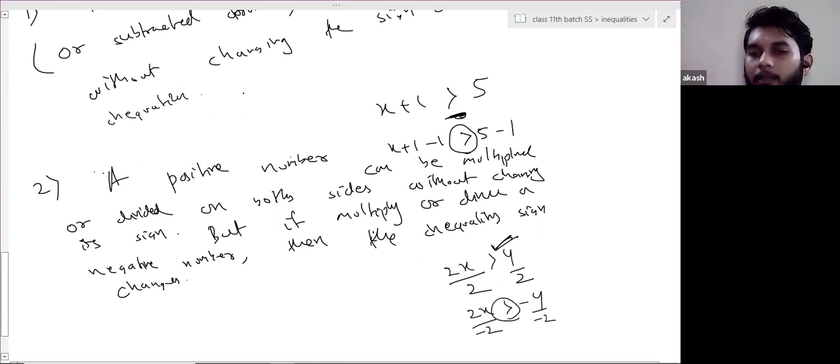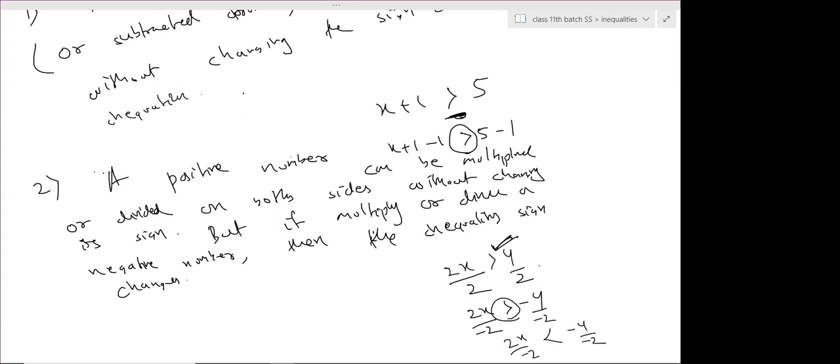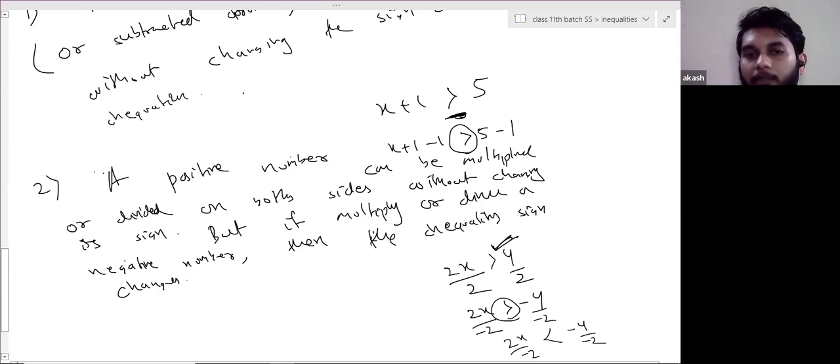This will become 2x upon -2 less than 4 upon -2. Is it clear, Fahad? Yes. Very important thing. All right, so this is very, very important. This is the only thing that changes from the things we have done since childhood. All right, note this down.